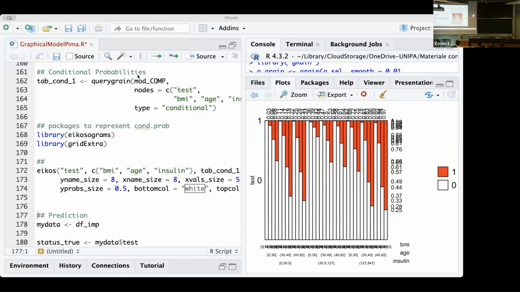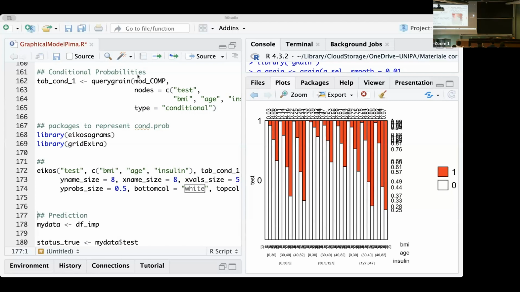Here you have all the categories of age, and here you have all the categories of insulin. So within insulin, you have the first block, which is 0 to 30.5. Within this one, you have all the categories of age, which are young, middle, and adult, let's say.